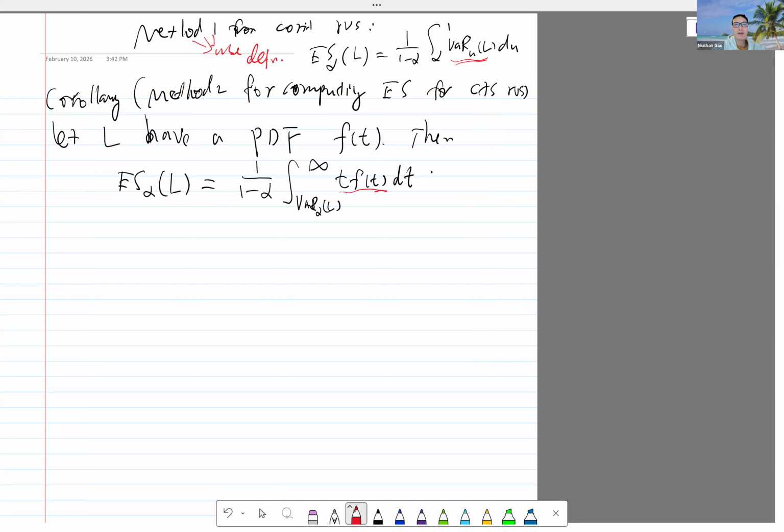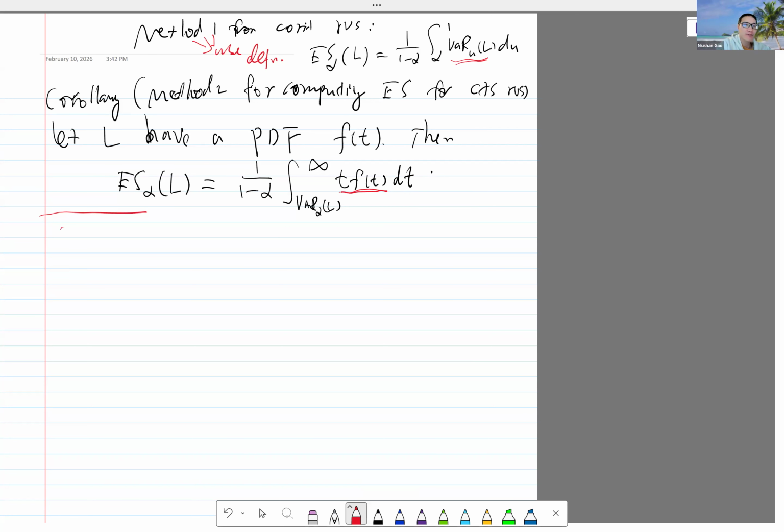Here, you're integrating against the density function, it involves the density function. It may be easier, right? So let me show you. Let's sketch a proof of this one.